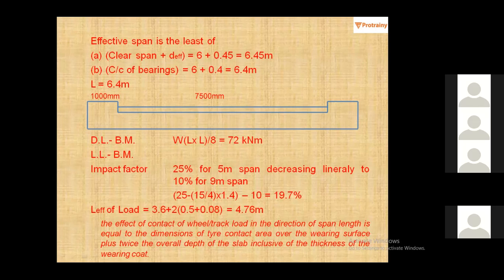क्या आई थी W की value हमारी? Come on, now you can turn on your mic. You have to answer on your mic and tell me क्या value आई थी हमारी W की? 14.26. Okay, and now put this value in this expression WL square by 8, and what will you get? 73 point something, right?